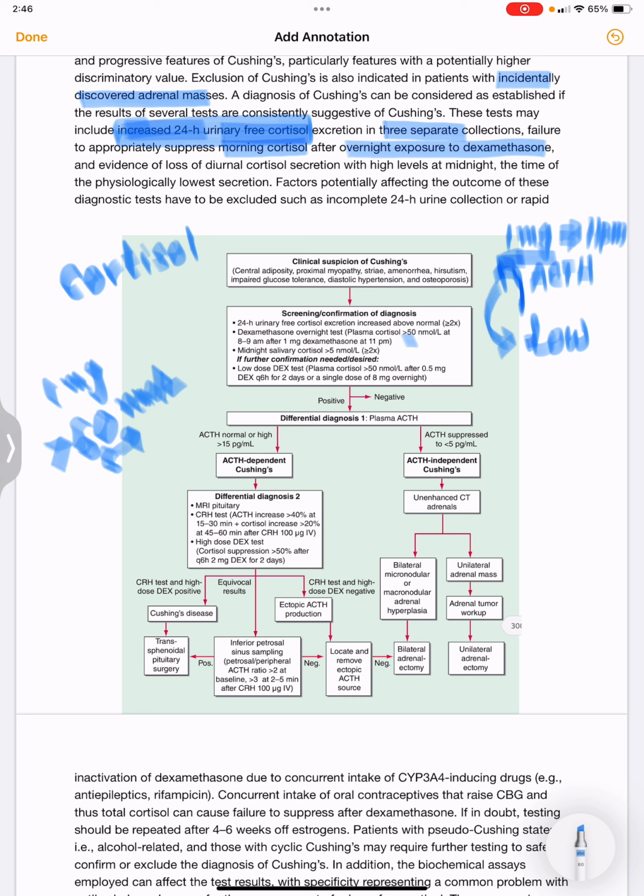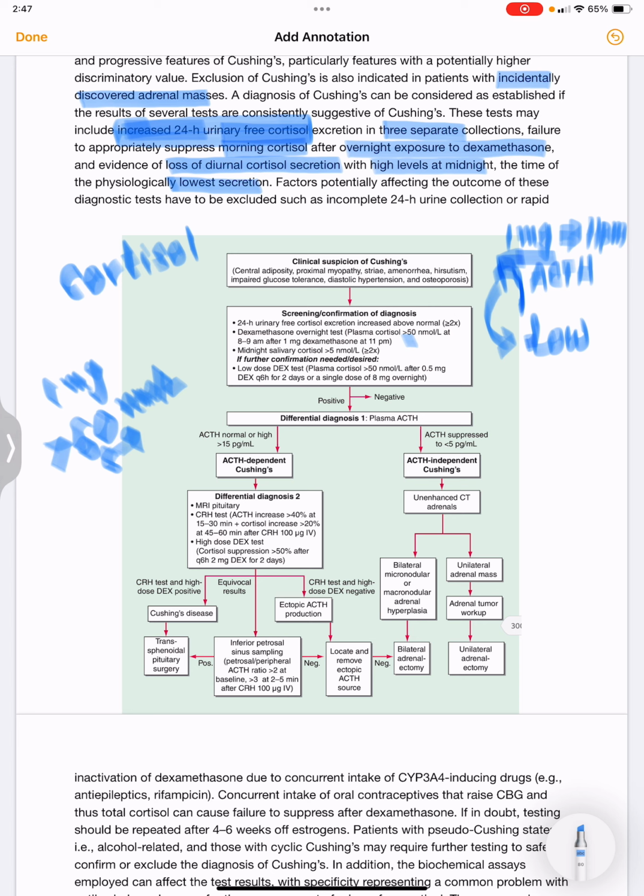And there is evidence of loss of diurnal cortisol secretion with high levels at midnight. At midnight, generally, there should be the lowest secretion of cortisol, but in Cushing's there will be high levels of cortisol at midnight.